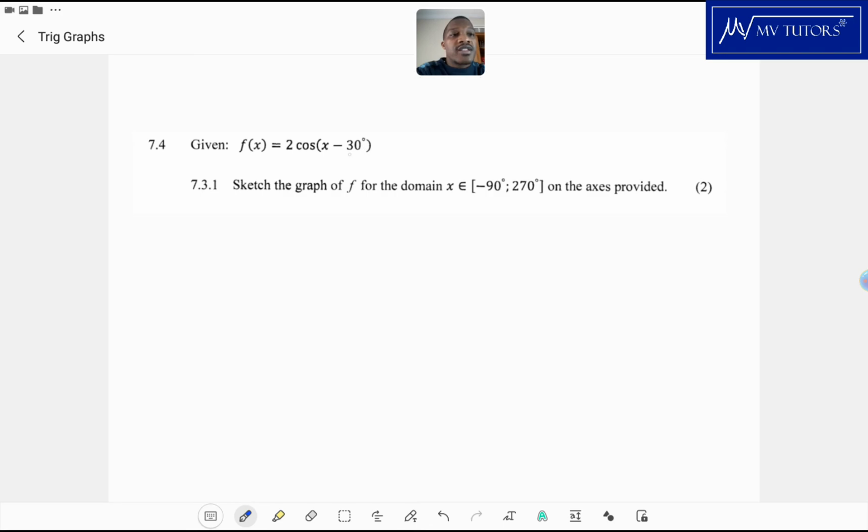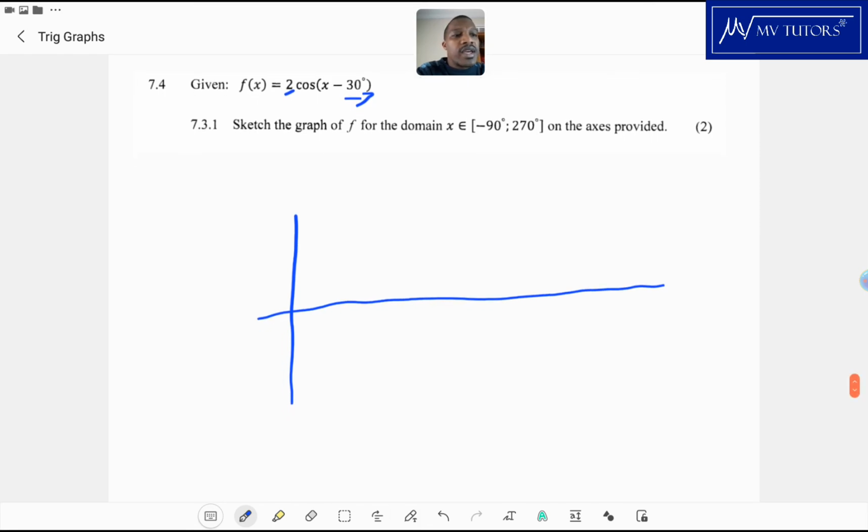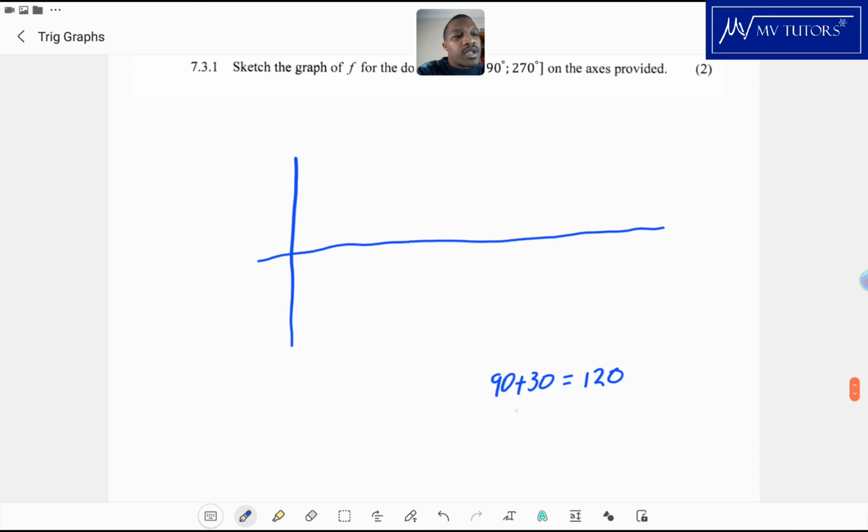We already know that this is a shift to the right by 30, and also we already know that that affects the amplitude. Okay, so here we go. What we're going to do is this exercise: 90 plus 30 from the original, which gives us 120.